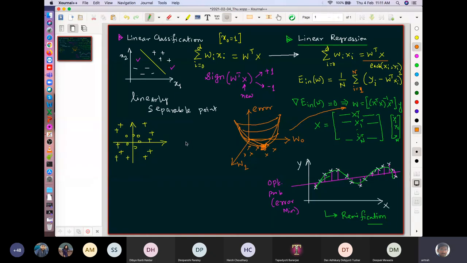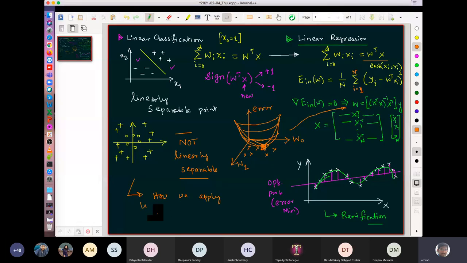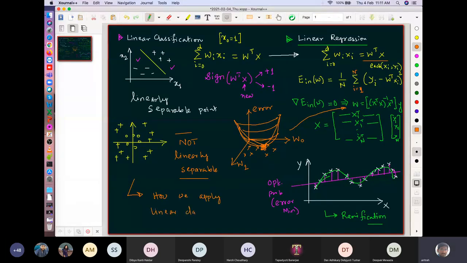So our second thing in today's lecture is how we apply linear classification in those examples where the data is not directly visible as linearly separable.